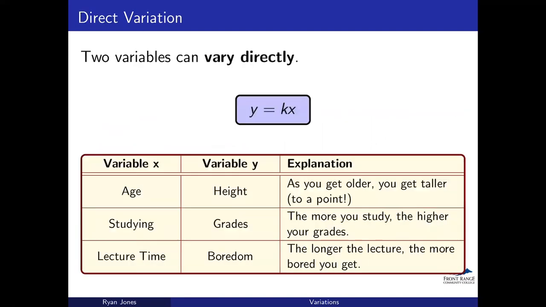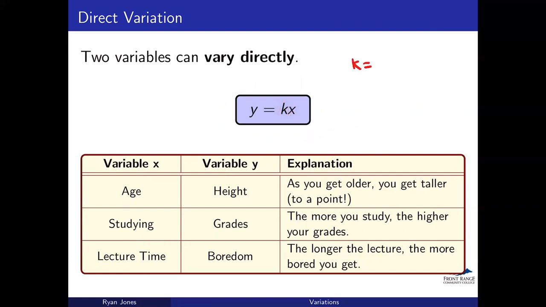So one way that variables can vary with each other, we'll call direct variation, and then you'd say that these two variables vary directly with each other. So if I have y equals kx, those variables are clearly related to each other. x is some variable, and then I multiply it by this constant k.